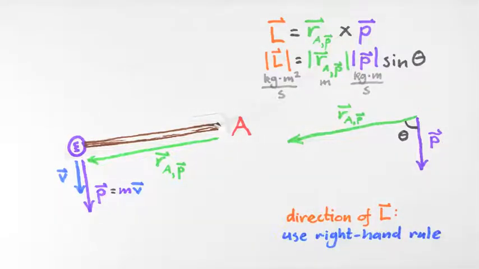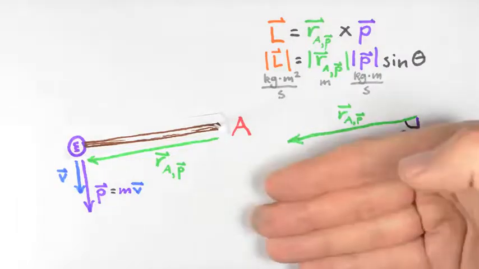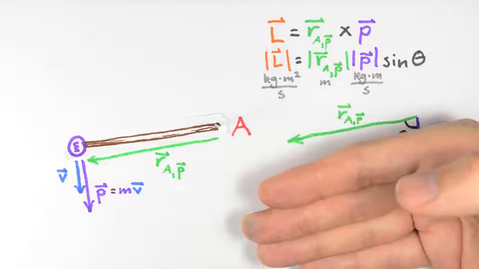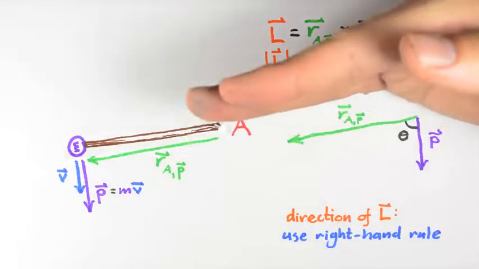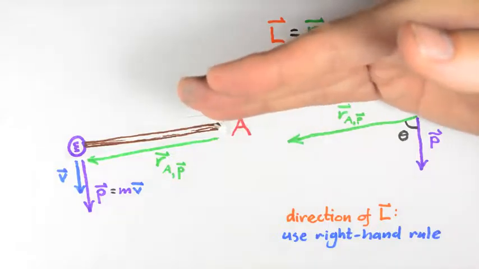First, take your right hand with your fingers straight and align your hand in the direction of the arrow representing r sub a,p. Now keep your fingers straight, orient your palm so that it faces the arrow representing p. You may need to rotate your wrist to do this, but make sure you keep your fingers straight and pointed along the direction of r sub a,p.